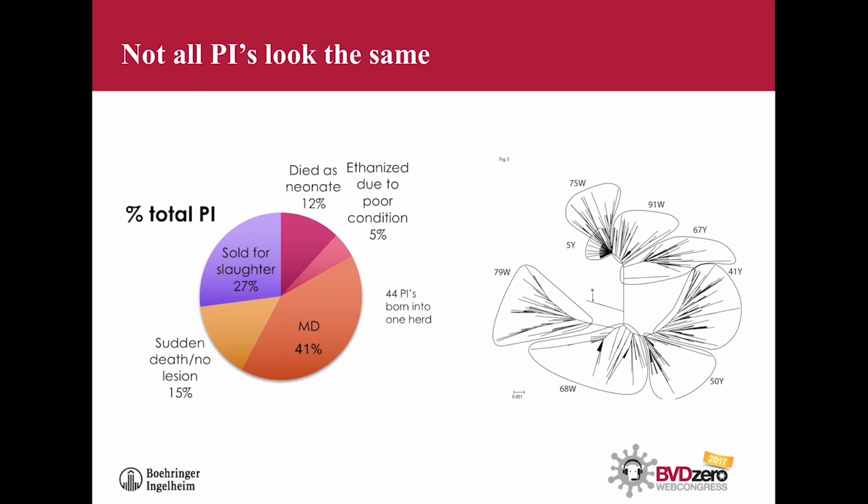And it's really easy to get a producer to go out there and cull those animals that look like they're persistently infected. But you can't look at an animal and say it's persistently infected. The only way to say it's persistently infected is with a test. Either you can use tests that recognize the viral genome, such as PCRs, or you can use tests that recognize the viral antigens themselves, such as antigen capture ELISA or immunohistochemistry.